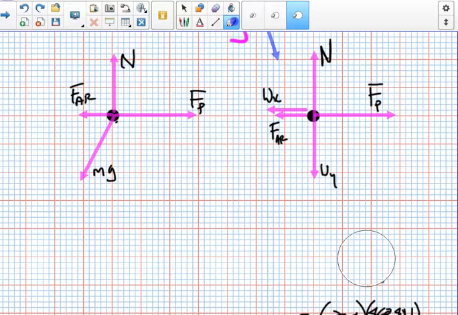Well, let's work in the y dimension first, because we're going to need to figure out that normal force. Actually, wait, I don't think we do. No, there's no friction to calculate in this one. They just tell us the air resistance.